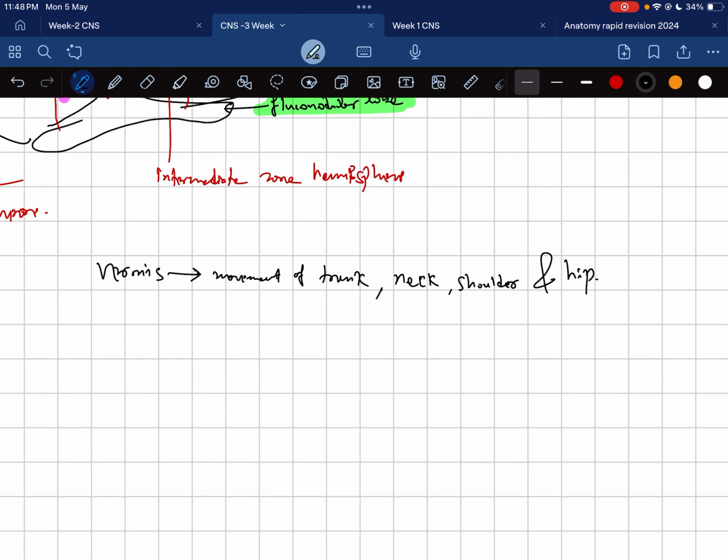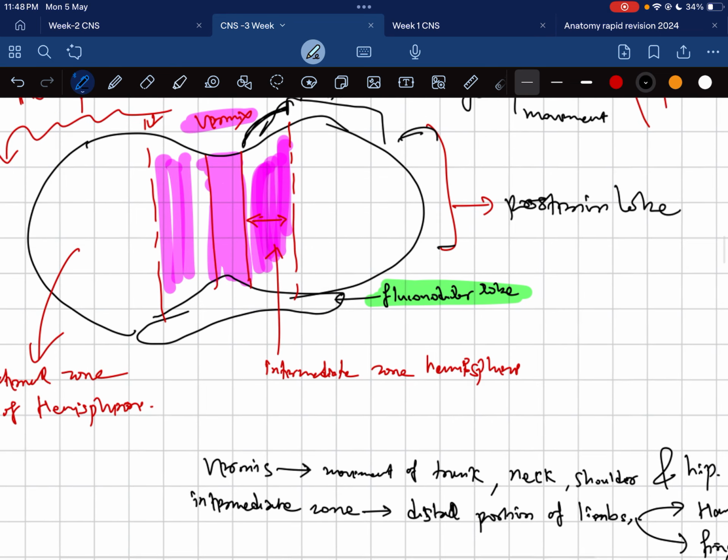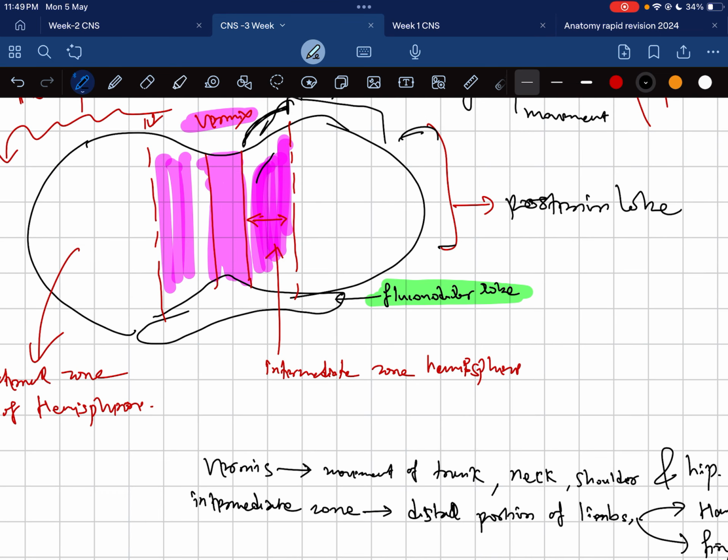It also consists of the intermediate zone, coordinated mainly with the movement of the distal portion of the limbs, especially the hand and fingers movements. We can draw this. In this there is a hand and fingers.